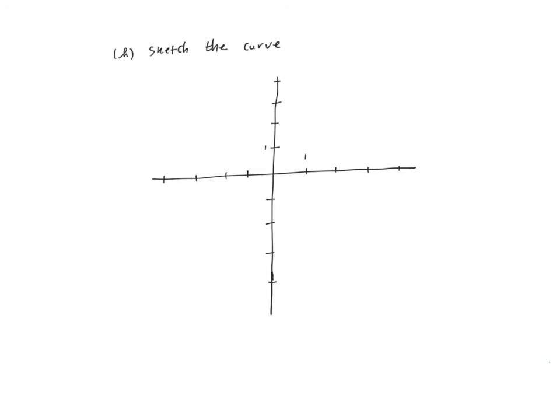We know that there are vertical asymptotes at x equals minus 1. So I'm just going to put this vertical dashed line, and x equals positive 1. I also know that there is a horizontal asymptote with y equals 2.